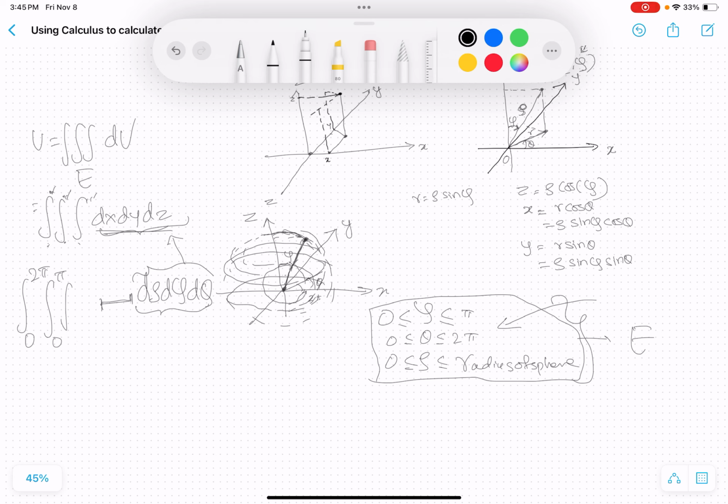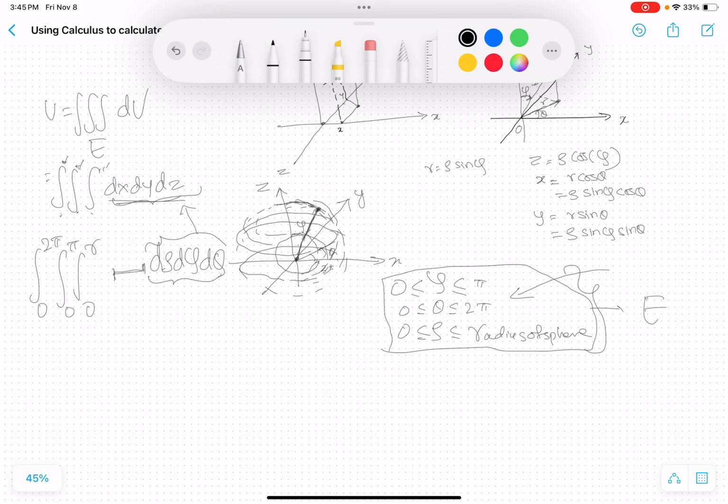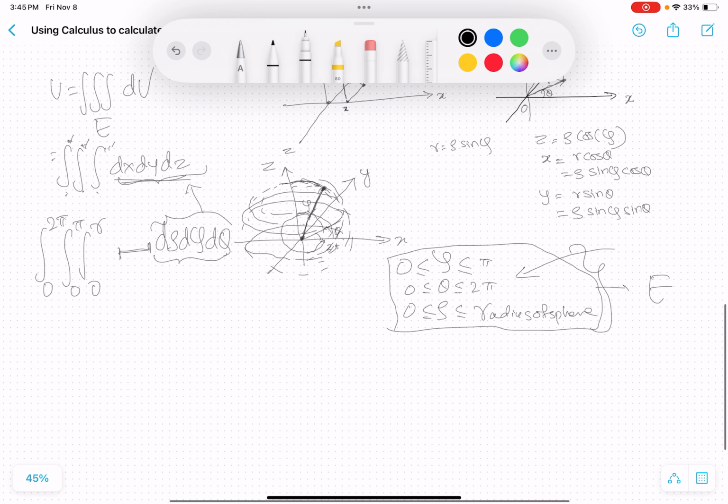And now the scaling element, we can find that using the Jacobian determinant, which is just the ratio of the change in areas in the coordinate system, right? If you want to find that, the Jacobian is basically written like this. This is being long, but I'm just trying to explain the things in a better way.